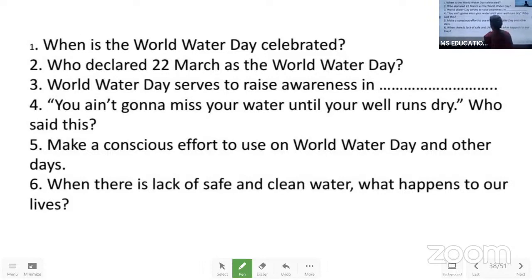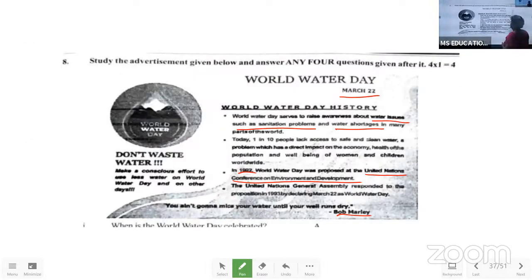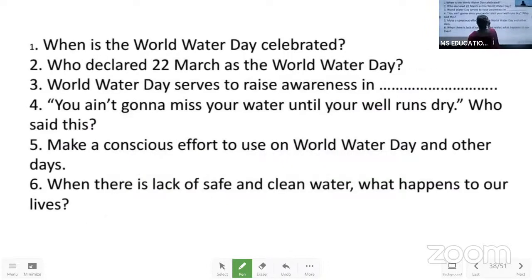What are we supposed to use? Less water.